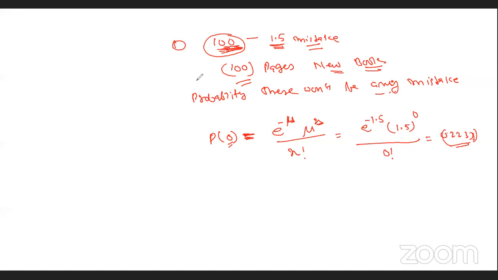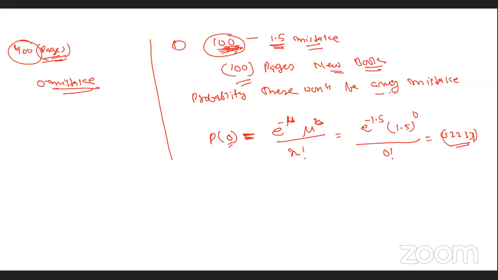Or let's suppose I ask you the same question, but I consider 400 pages. What is the probability that there won't be any mistake, that there will be zero mistakes, if I select 400 pages?